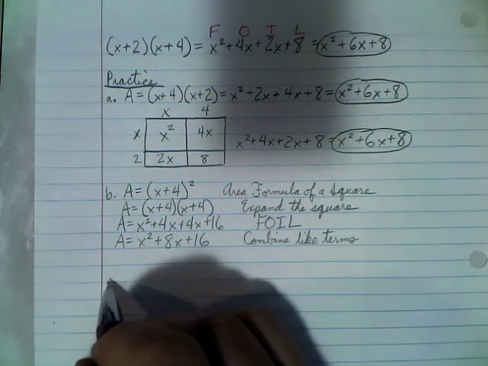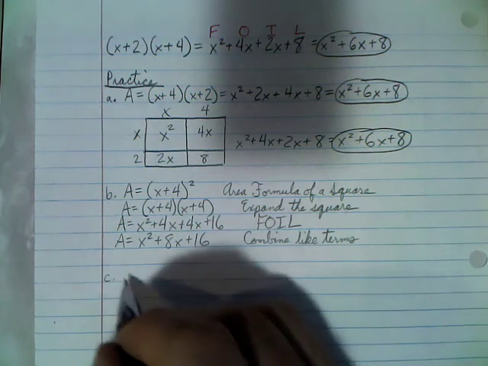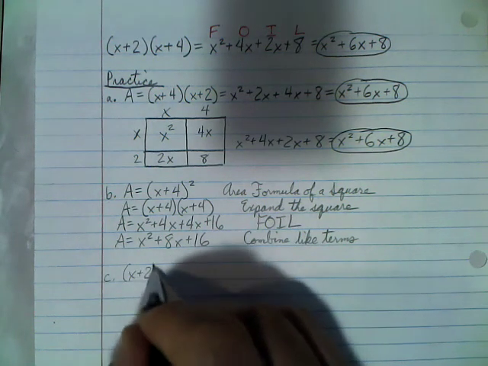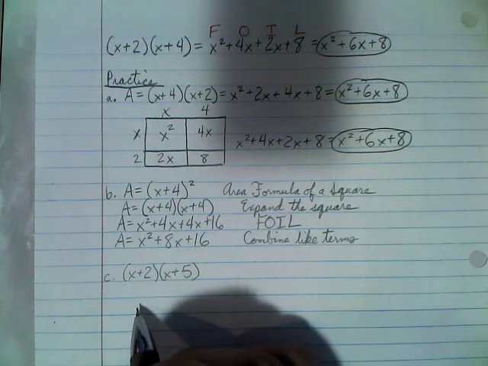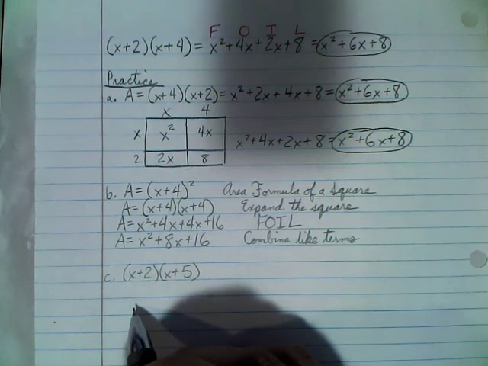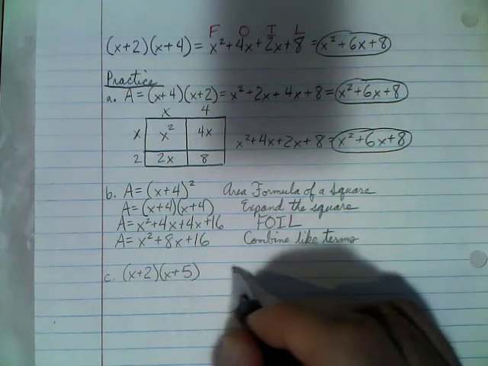All right, and C. Find the product of x plus 2 times x plus 5. Depict the product with a rectangle. So x plus 2 times x plus 5. So I need to use a rectangle here to find this, they're telling me.